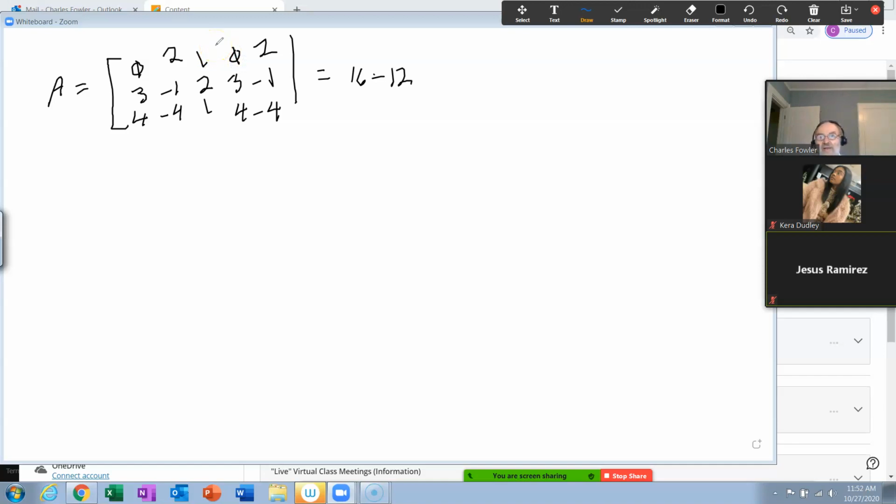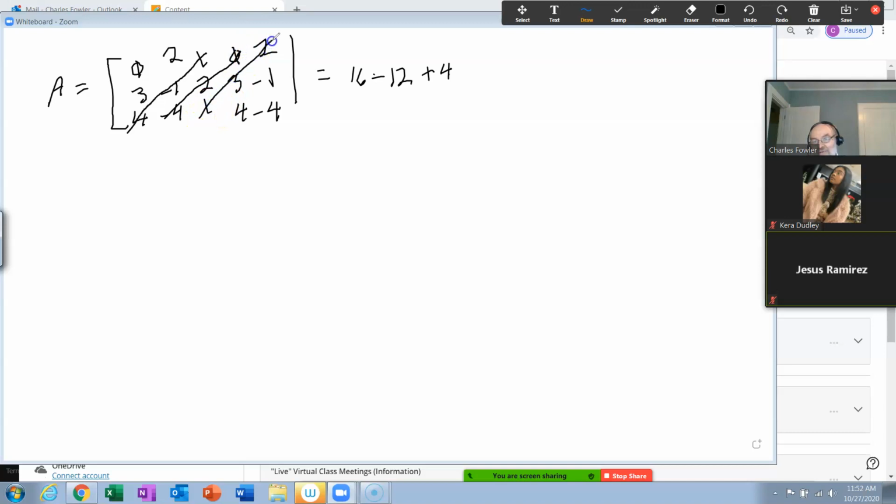Okay. Now, let's do our up diagonals. That's 4 times a minus 1 is a minus 4, but it's an up diagonal, so that's going to be a plus 4. The next one has a 0 in it, so that's nothing.